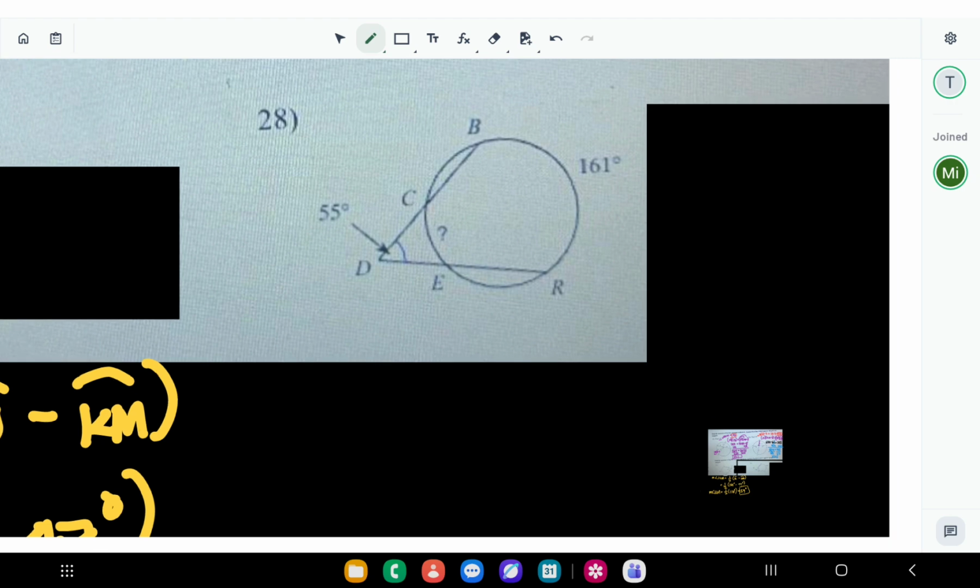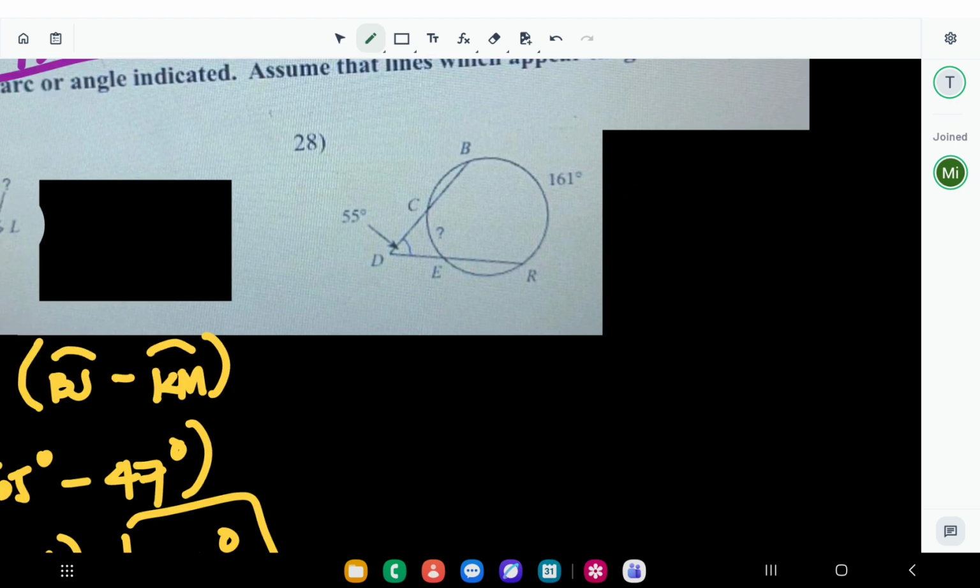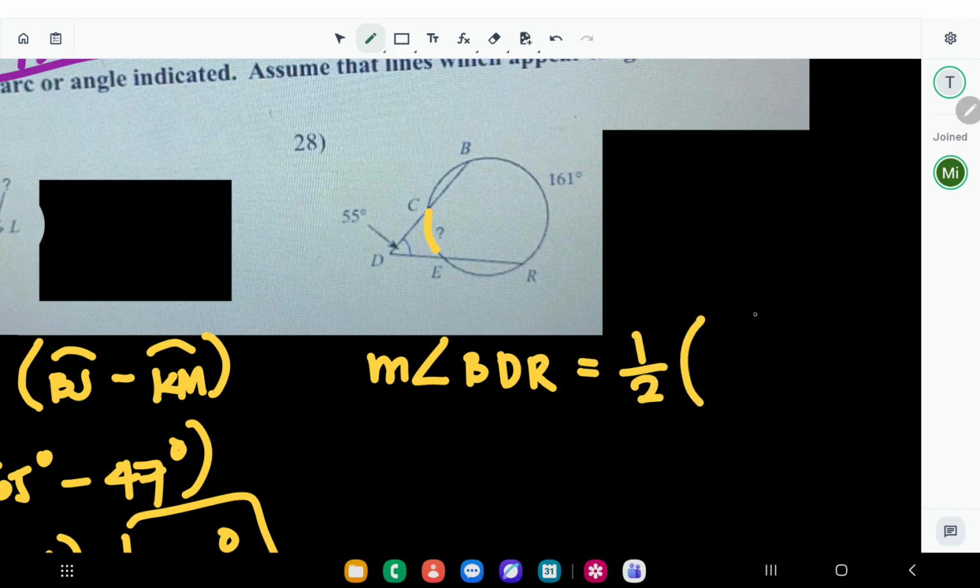okay, the same. We have two secants from an external point, or external angle. So we need to find this arc, the minor arc. So again, the measure of the external angle, this is angle BDR, is equal to 1/2 times the measure of the major arc, 161 degrees, minus the minor arc, CE.